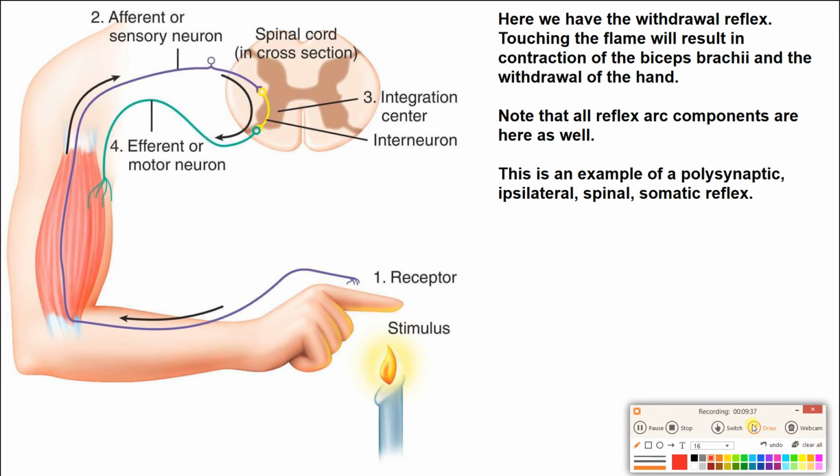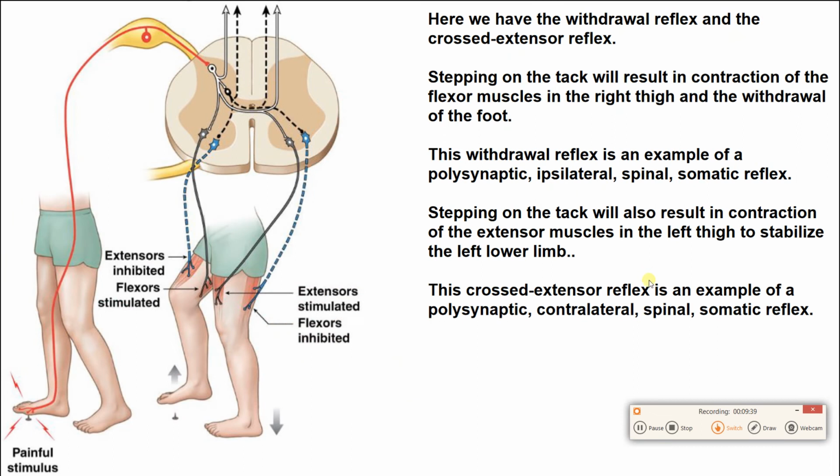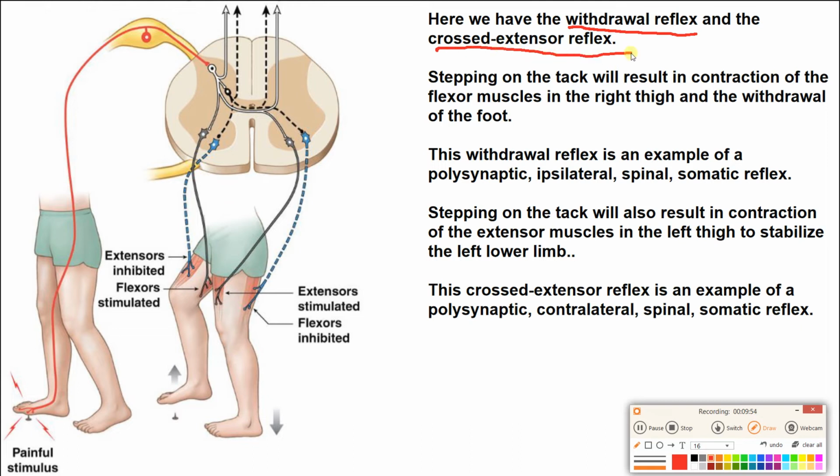Let's look at some more. All right, this one gets slightly more complicated. I'm actually going to discuss 2 reflexes here. One of them we've learned already, which is the withdrawal reflex, and another one called the crossed extensor reflex.